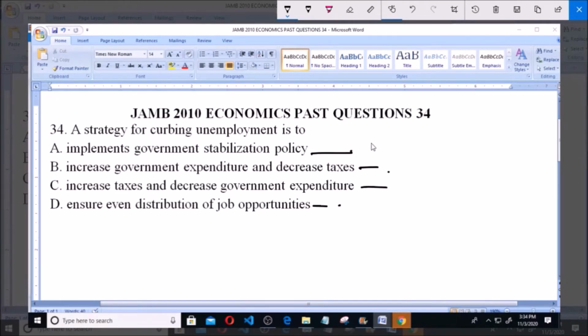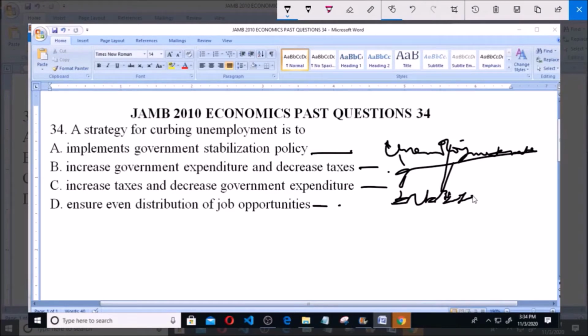The unemployment rate, symbolized by U, is equal to the number of unemployed persons over the working population or labor force, times 100 over 1.